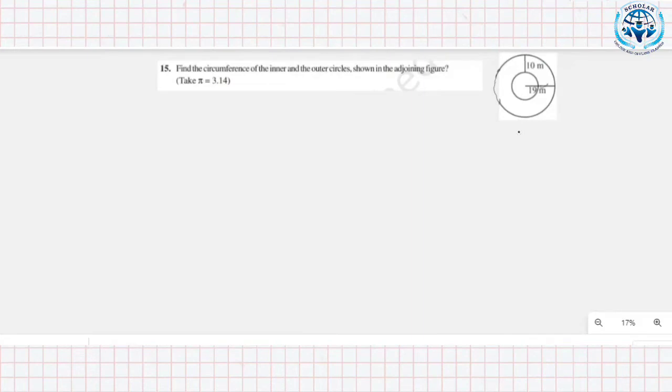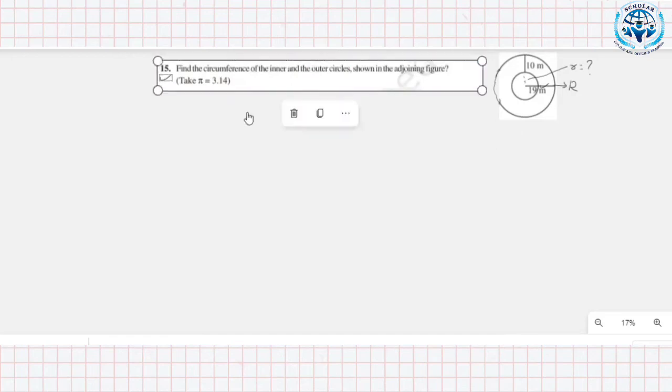Find the circumference of the inner and the outer circles shown in the adjoining figure. Let the radius of the outer circle be capital R, and of the smaller circle small r.